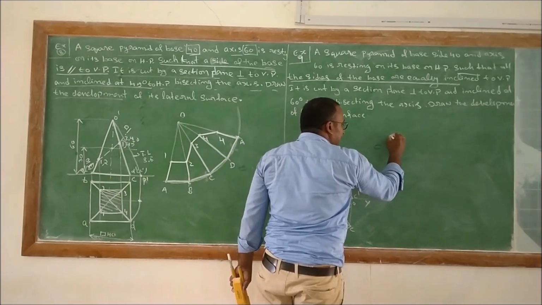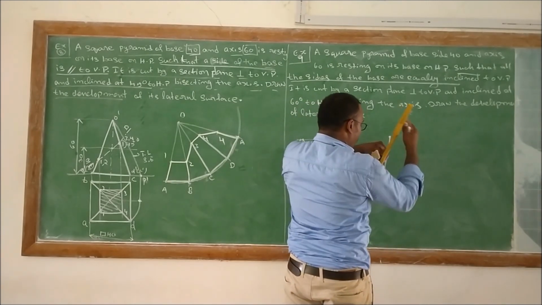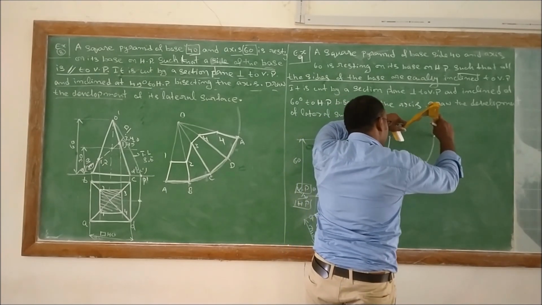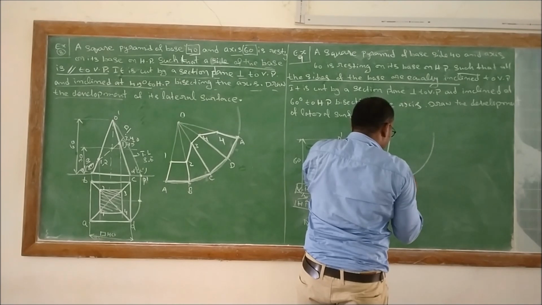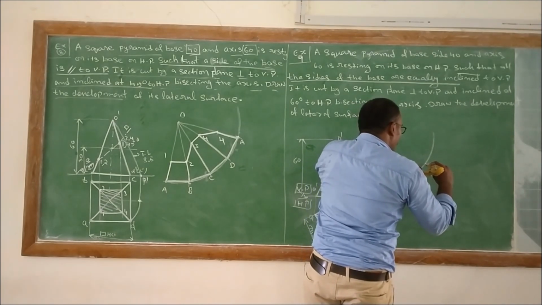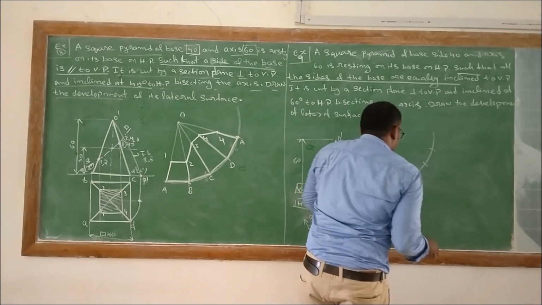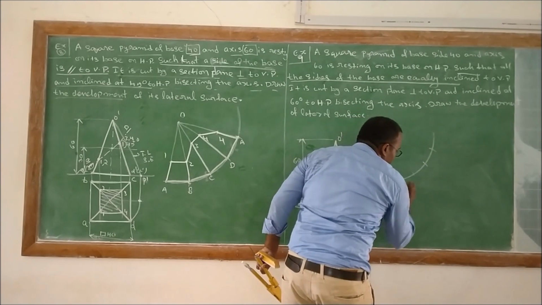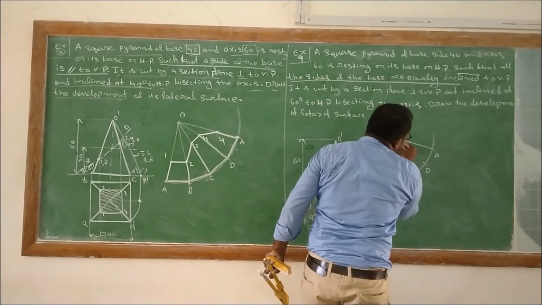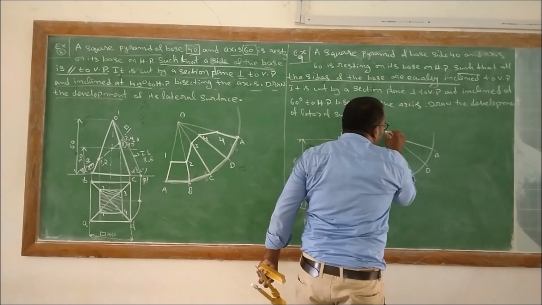So directly we can take the distance and draw an arc, and then divide that into 4 equal parts: 1, 2, 3, 4, A, B, C, D and again A. Now combine all of them. So this is the simple development.